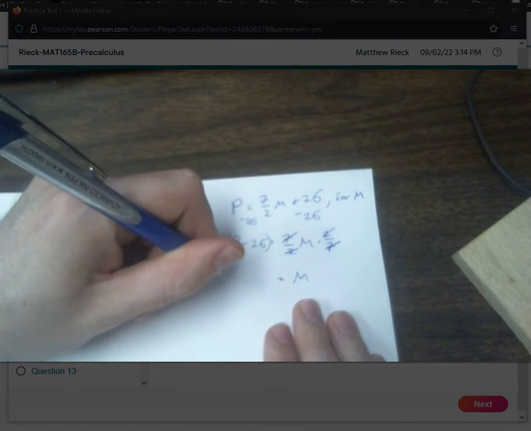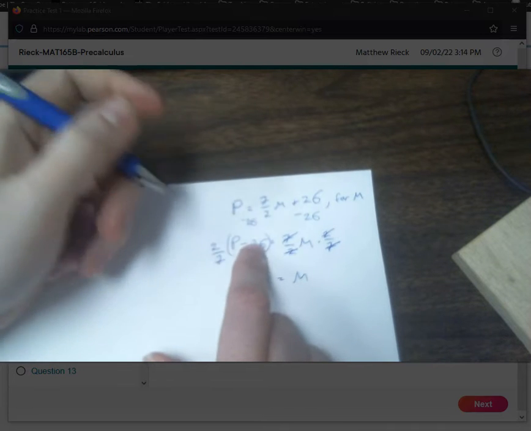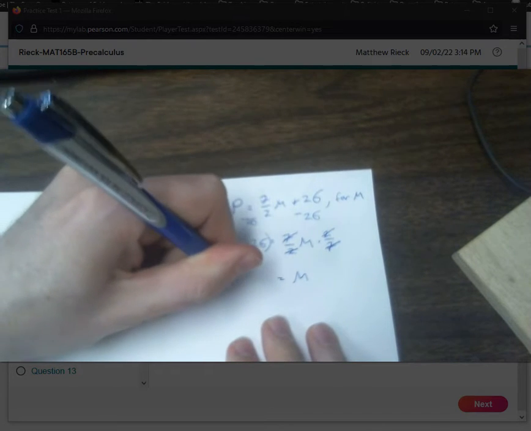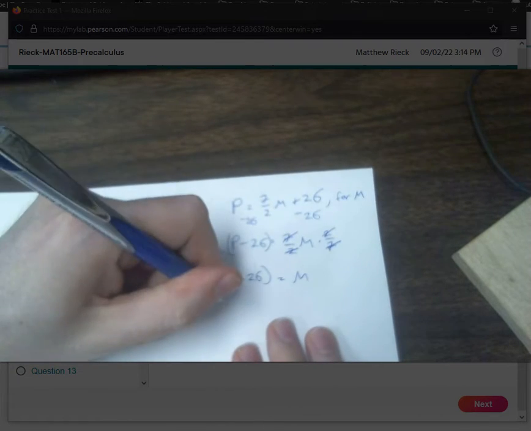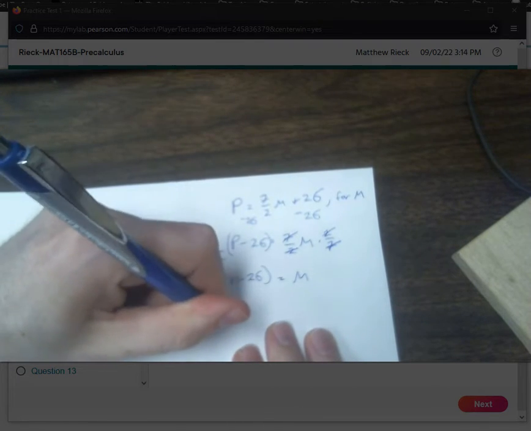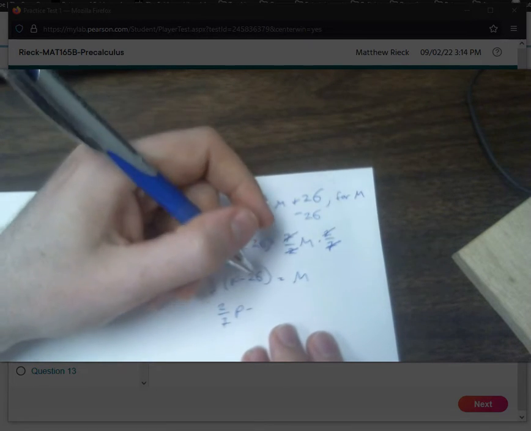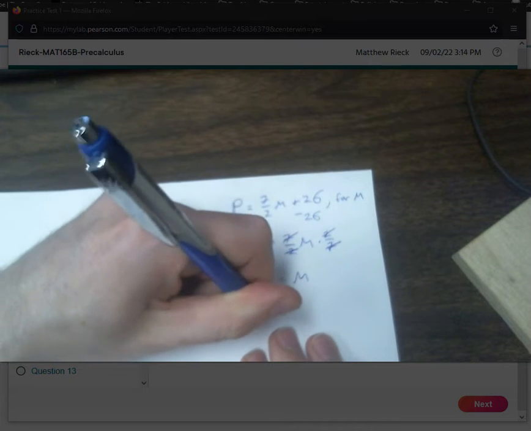Depending on how you want to write it, I'm fine if you leave it like this: 2 over 7 times P minus 26. If you choose to distribute the 2 over 7 through, you could have 2 sevenths P minus 26 times 2 sevenths, so that would be 52 over 7.